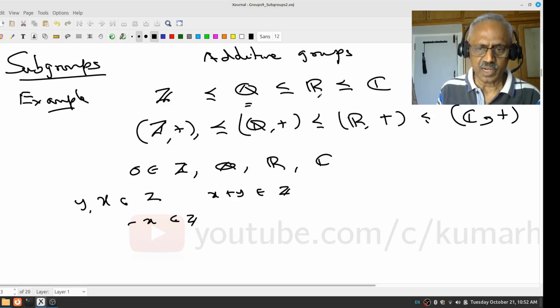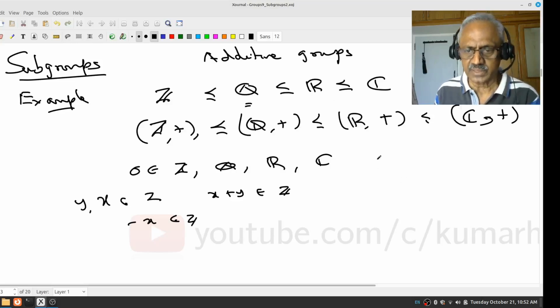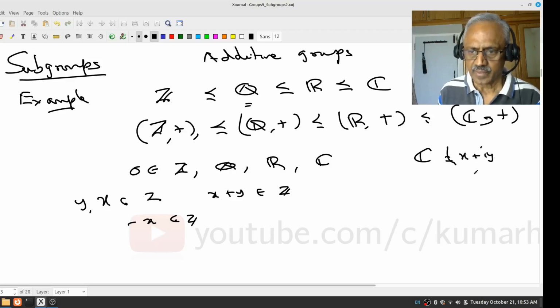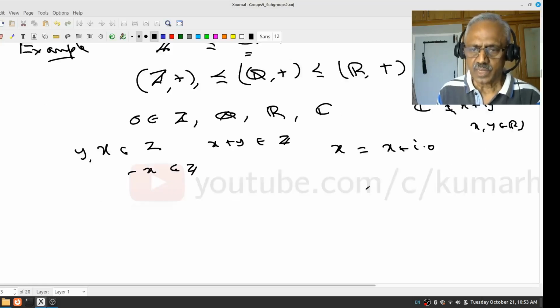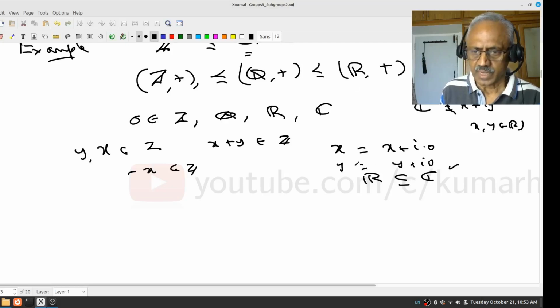And similarly for R, the set of real numbers. You remember, you consider C as the collection of x plus iy, where x and y are in R. Therefore, I think of x as x plus i times 0. Therefore, R is first a subset of C. And second, take any two real numbers: one is x plus i0, another is y plus i0. How does complex addition go?